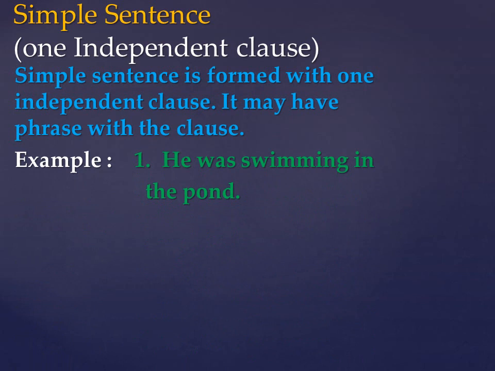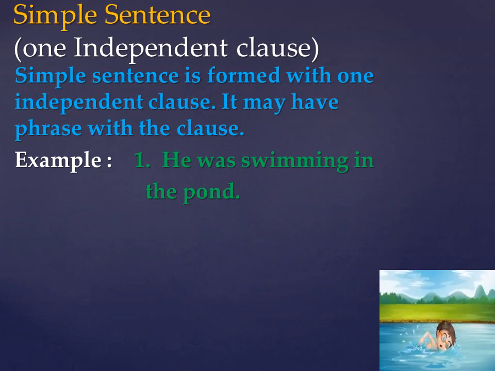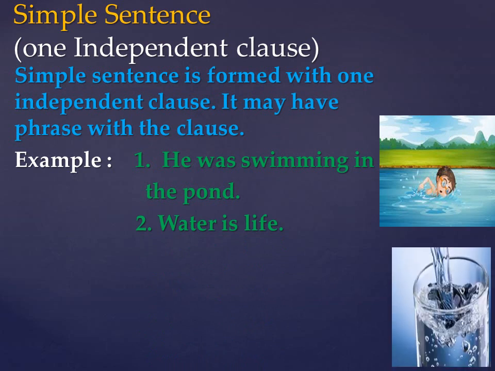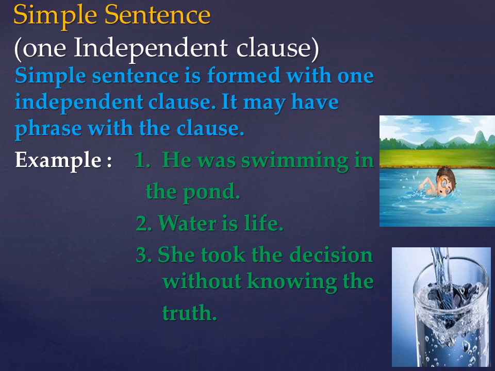Example, he was swimming in the pond. So he was swimming is the principal clause. In the pond is a phrase, so there is only one independent clause. That's why it is a simple sentence. Water is life, only one clause, no phrase, simple sentence. She took the decision without knowing the truth.